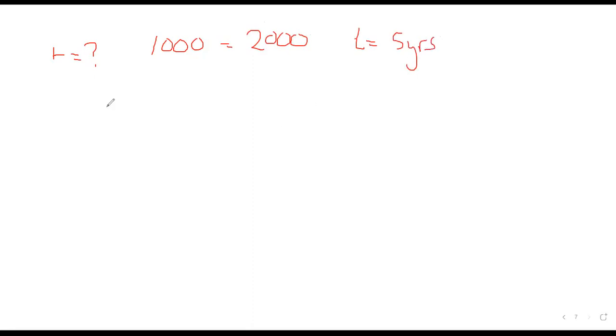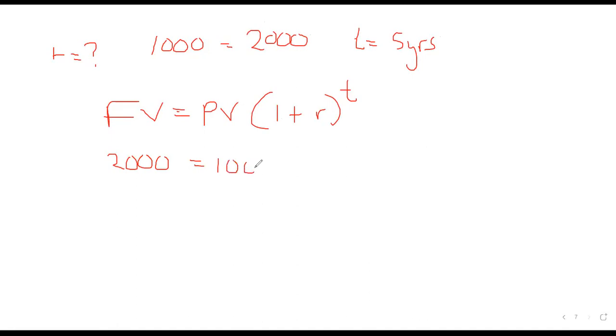So we use the same formula. Future value is equal to present value times 1 plus r to the power t. So here future value is 2,000, present value is 1,000. The rate we don't know, but the time is 5 years.